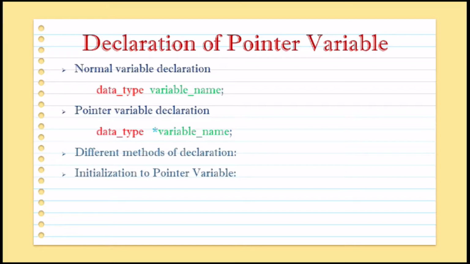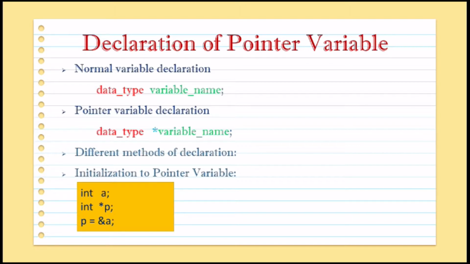This is the example of initialization of pointer variable. So first we have declared one variable of type integer, that is int a. Then we have declared one variable of type pointer variable, that is int star p.